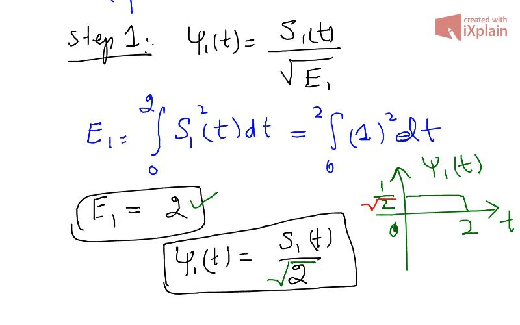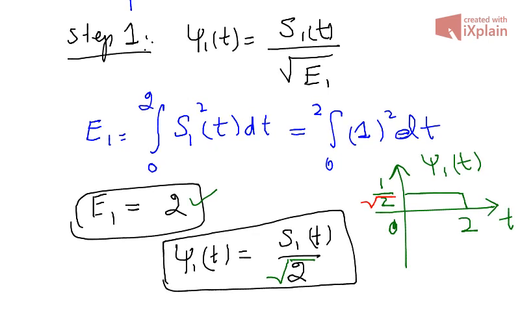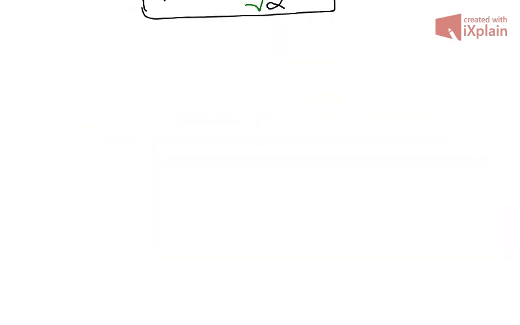Now we move ahead to step number 2, and in step number 2 we would actually use another signal. In step number 2 we choose another signal and we try to find out the image of S2 of t.